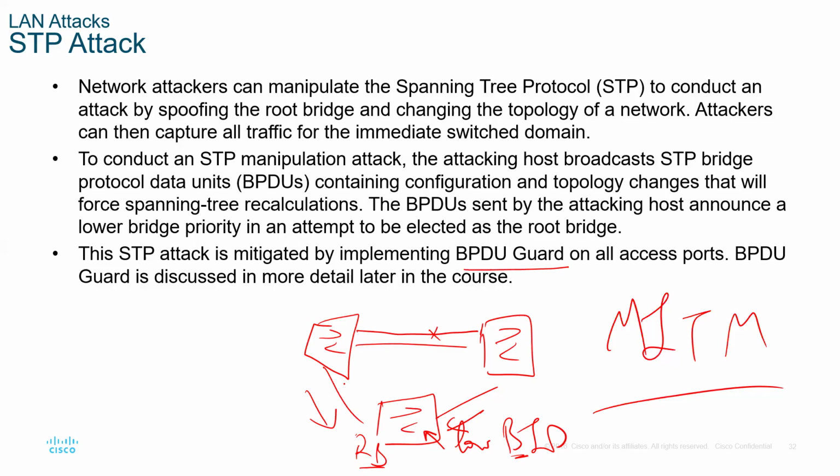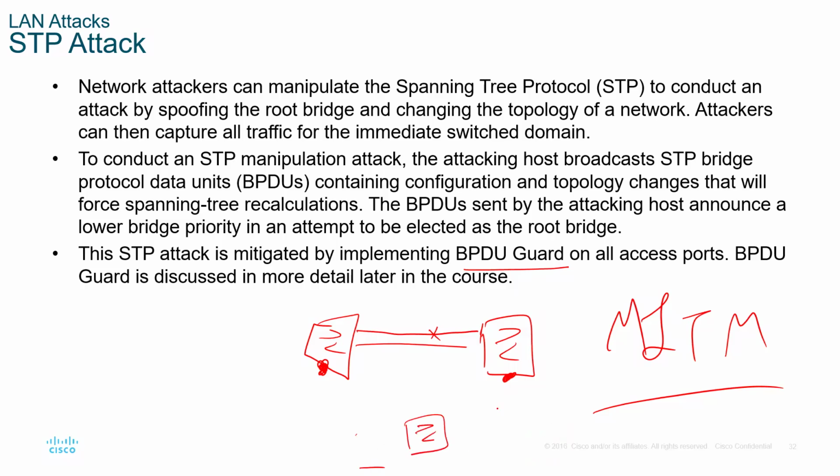Right. So if in our network on these ports, because originally our network was like this, then attackers come and connect to these ports, and send BPDUs via these ports. BPDUs contain the bridge ID and all those STP parameters. So the problem comes from the sending of BPDUs.